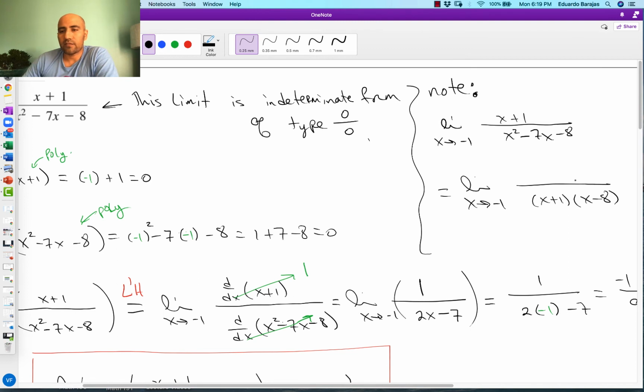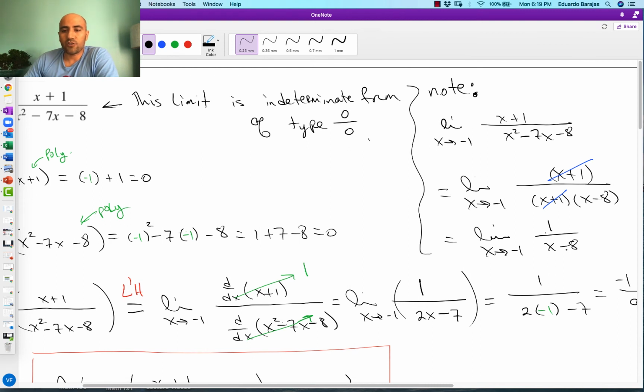Multiplying this, that's x squared minus 8x plus 1x, which gives me that minus 7x minus 8, so we get this. And now we can reduce these, and what we have left over is the limit as x approaches -1 of 1 over x minus 8.